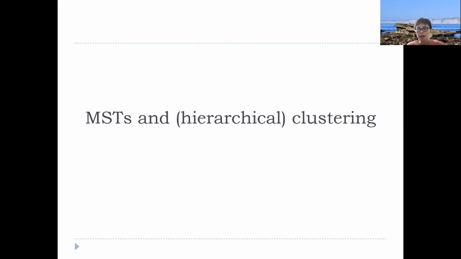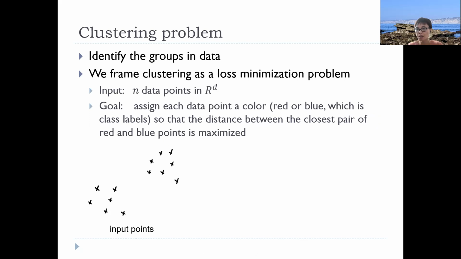Now I want to say a few words about the relation between the minimal spanning tree and the so-called hierarchical clustering. At the beginning of this class, remember that we looked at the clustering problem, in which you're given data. Let's say you're given n points in a d-dimensional space.